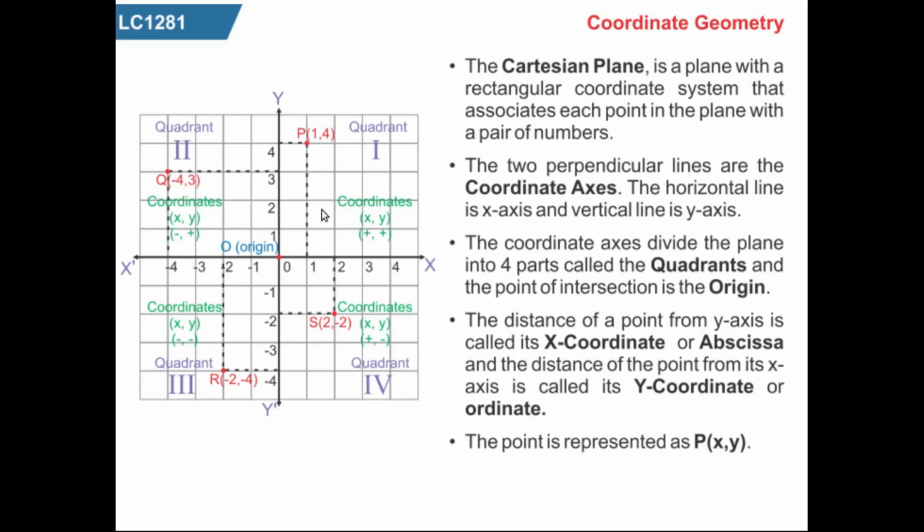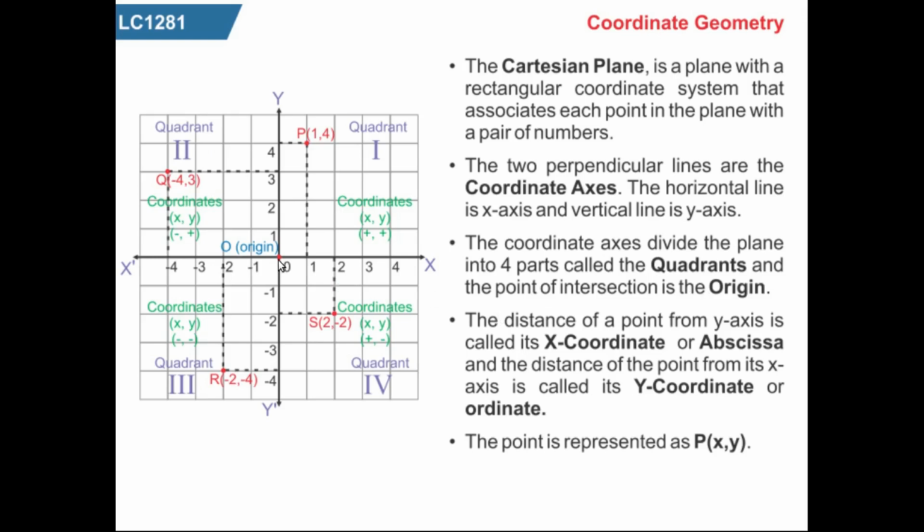Remember this one. You can't call this one the second quadrant. As a sign convention, these names can't be changed. So first, second, third, fourth, remember this. What is this called?